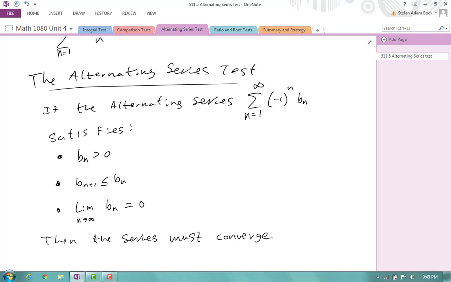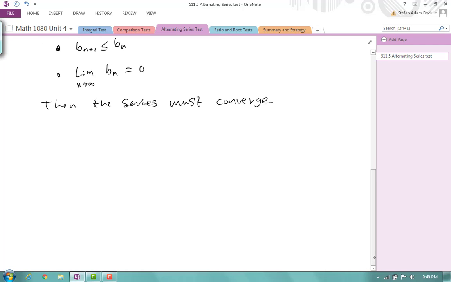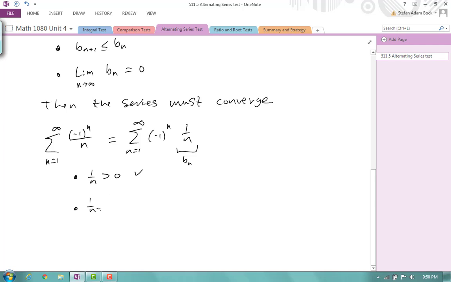Now again, this is a test that doesn't tell me where it converges, it just tells me whether or not it does converge. So using the alternating harmonic series we had already, I can rewrite this as the sum from n equals 1 to infinity of -1 to the n times 1 over n, so this is my b sub n. 1 over n is positive. 1 over n plus 1 is less than 1 over n.